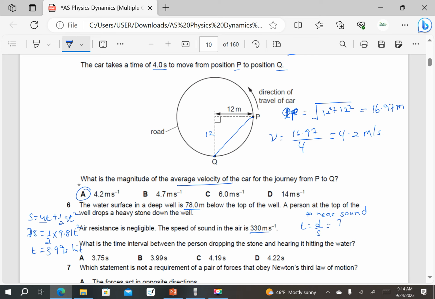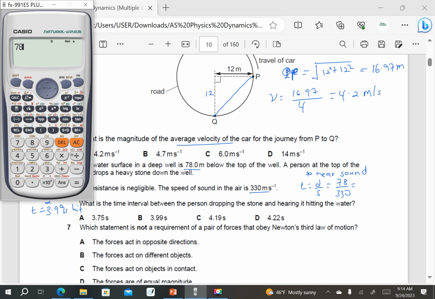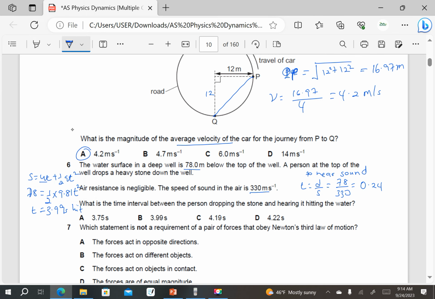So the distance is still 78. We are now looking at the sound leaving the bottom. So this is going to be 78 divided by 330, which is 0.24 seconds. So this is the time the sound takes to go from the bottom to the person.